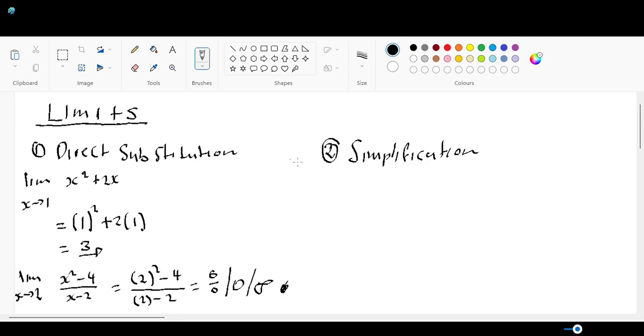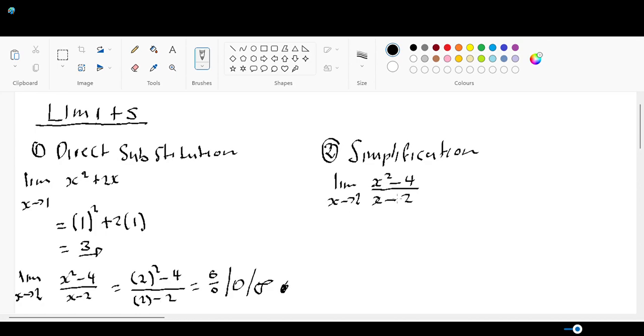Now let's do the very same problem, and then we do step number 2. So we have x squared minus 4 divided by x minus 2, and we know that x is approaching 2, guys, just like the one we did here.